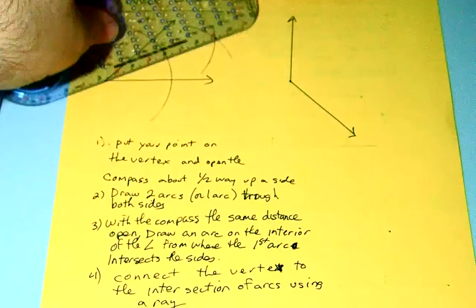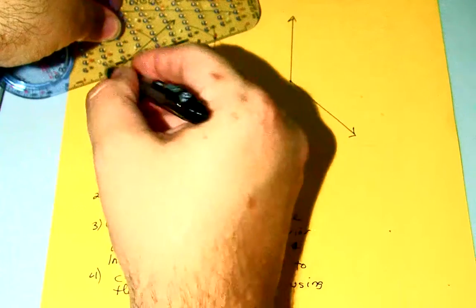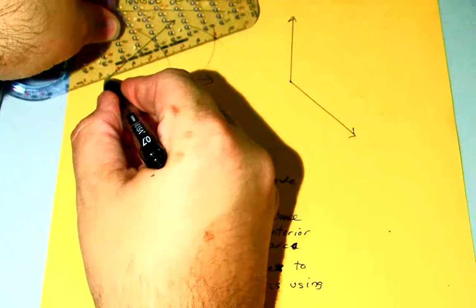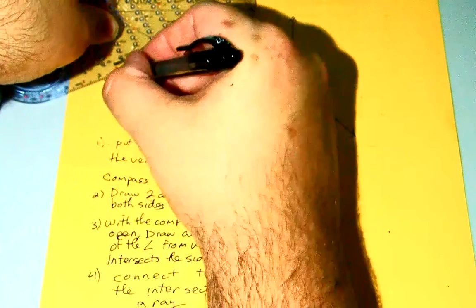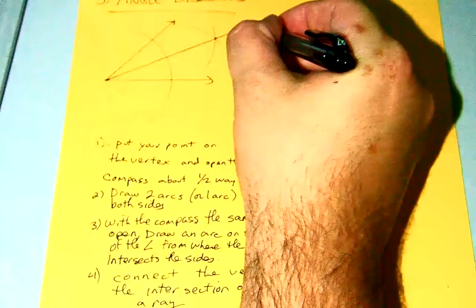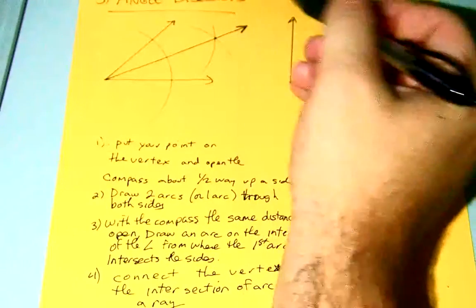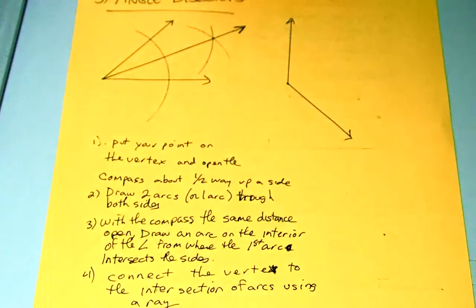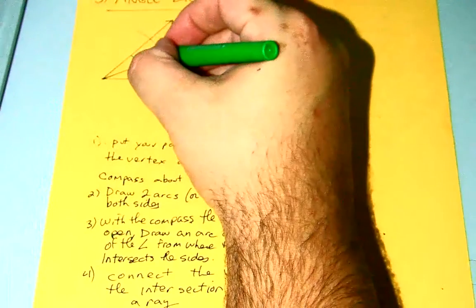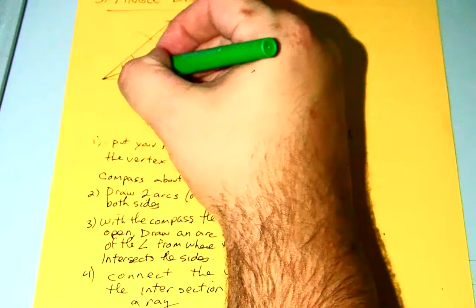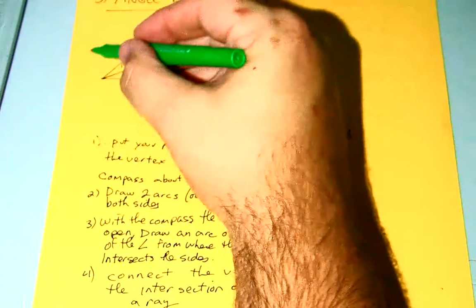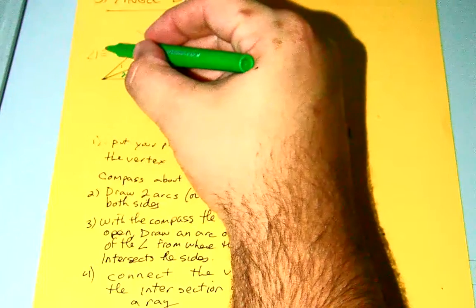So what I'm going to do is jump here. And now these, angle 1 and angle 2 here, are congruent to each other.